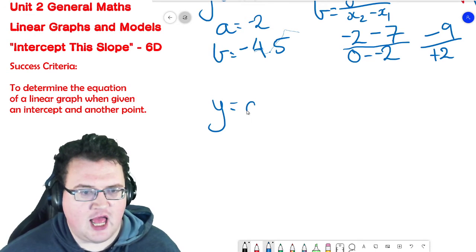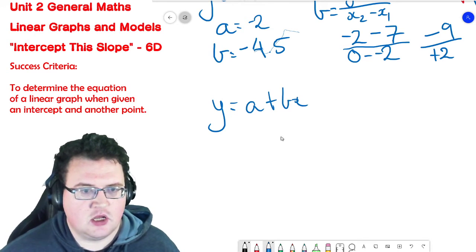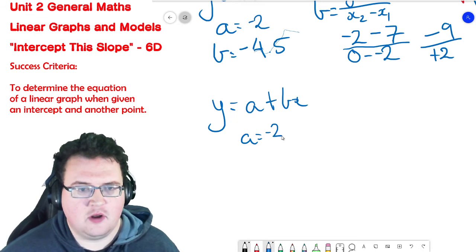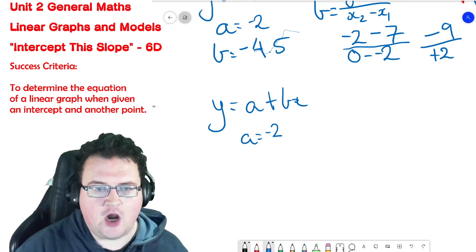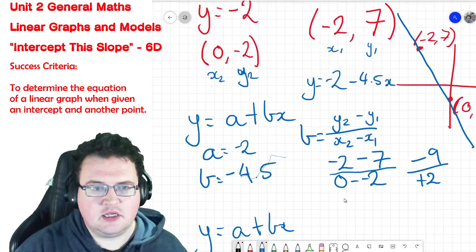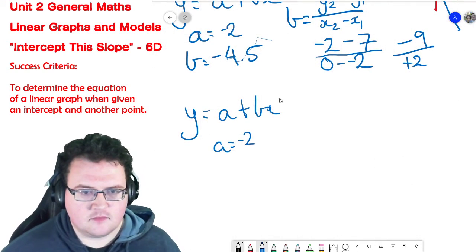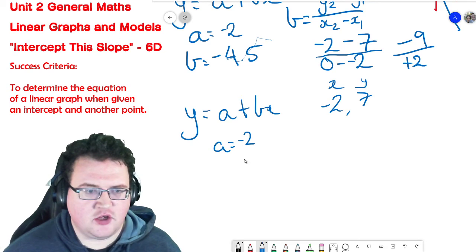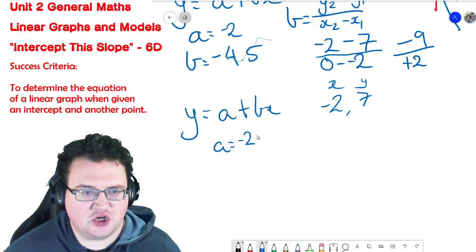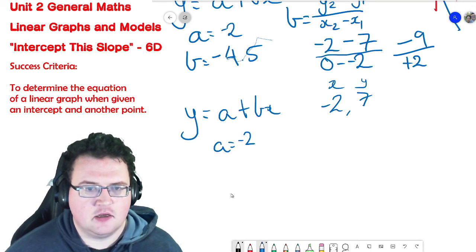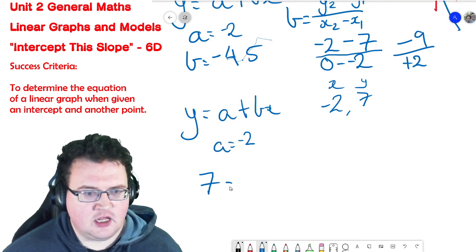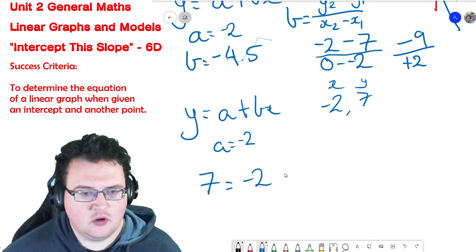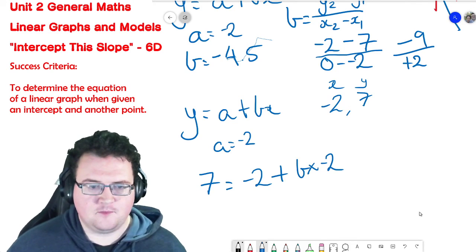y equals A plus bx, A equals -2. The other point that I know is -2, 7, and that's an x and a y value. So I can substitute in the A, the x, and the y: 7 equals minus 2 plus b times minus 2.